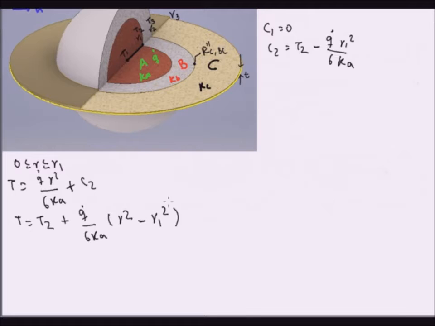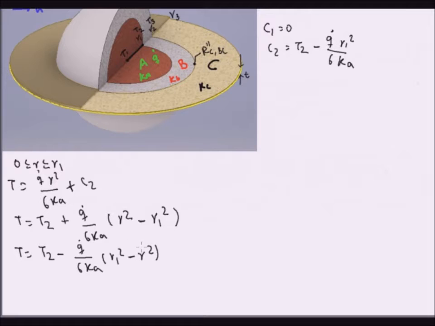As you may notice, R1 squared is larger than any r evaluated on material A. So we can take out this negative sign and put it here in front as follows: T is T2 minus Q over 6KA times R1 squared minus r squared.